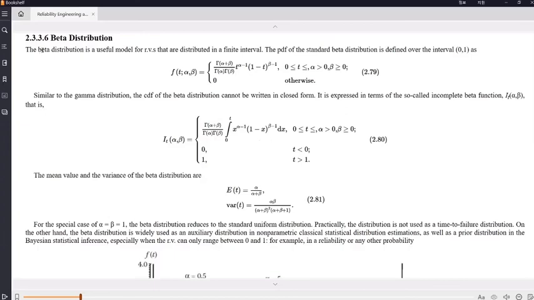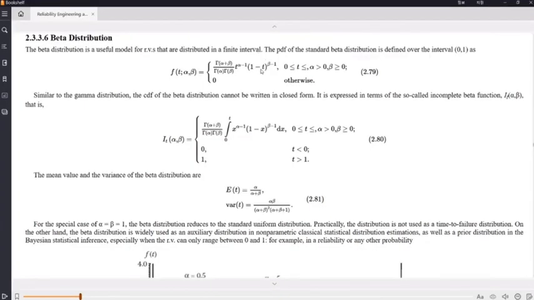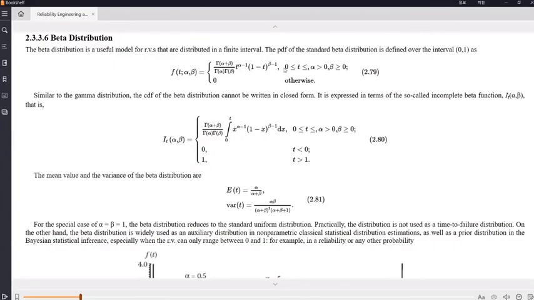The beta distribution is useful for random variables that are distributed in a finite interval. So usually in this case, just 1 is missing here. So in this case, t changes from 0 to 1. T is defined between 0 and 1. And alpha should be bigger than 0, and beta should be equal to or greater than 0.